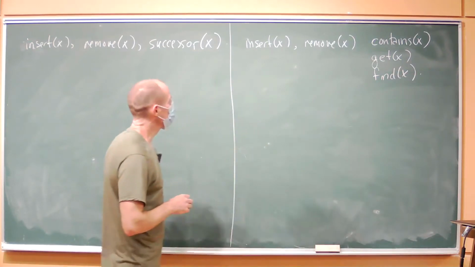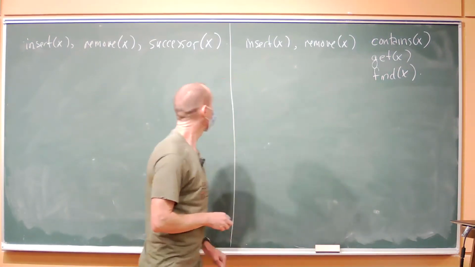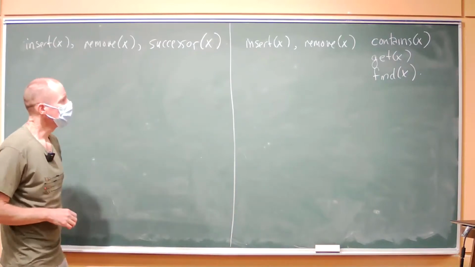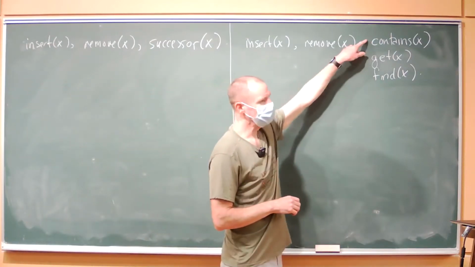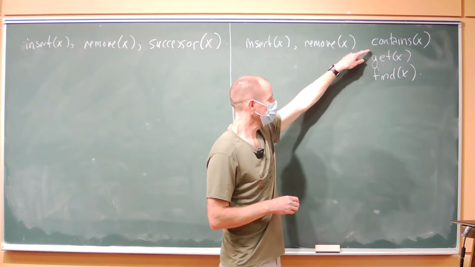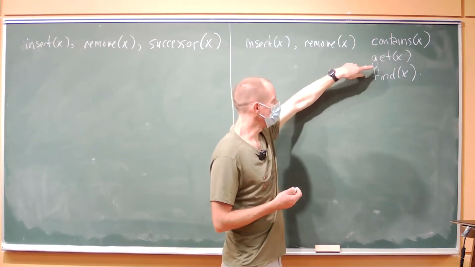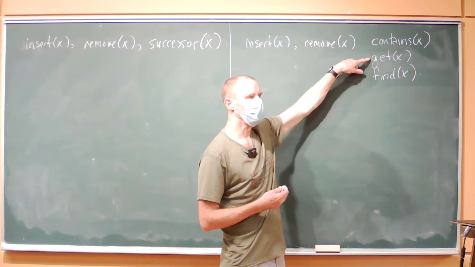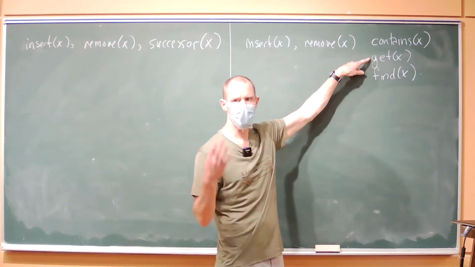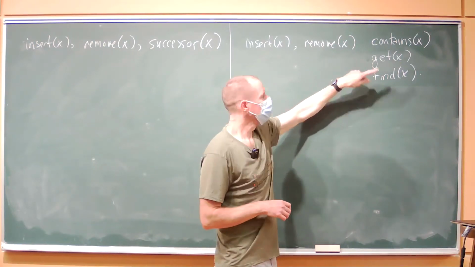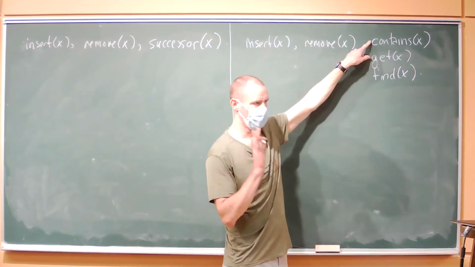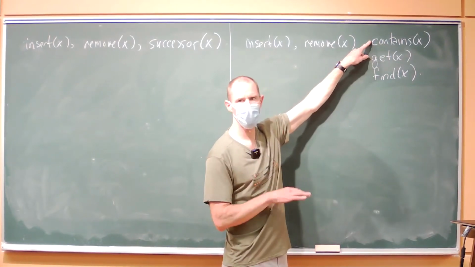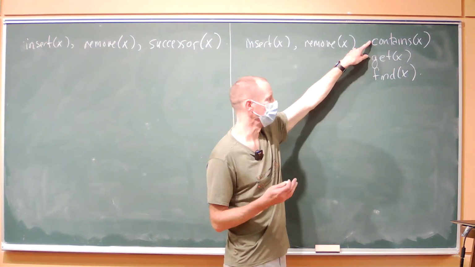But the difference between these operations and the successor operation is that these operations only give you useful information, well, these two anyway, only give you anything useful if the value X is in the set that you're storing. So contains will tell you whether or not the value X is there, so it returns true or false if X is in the set or not.